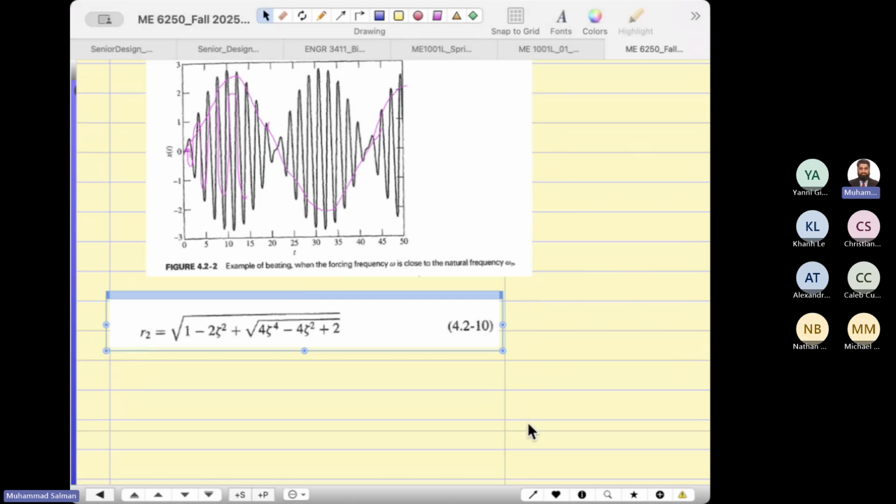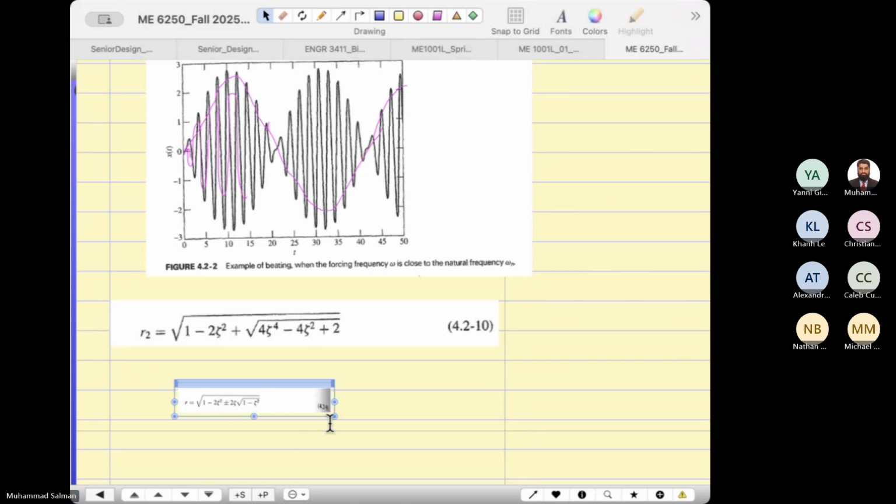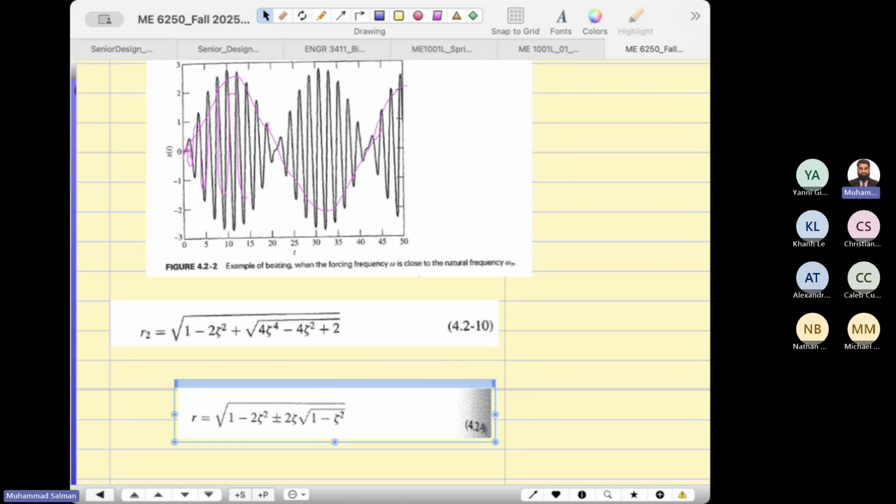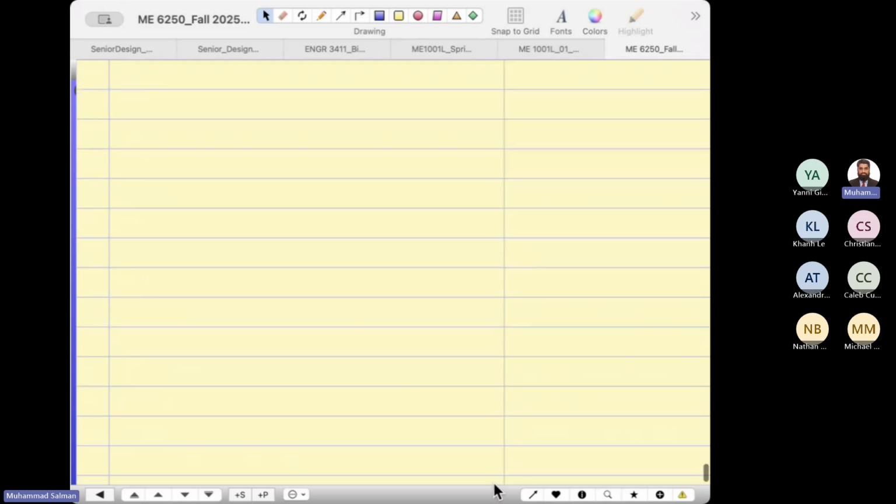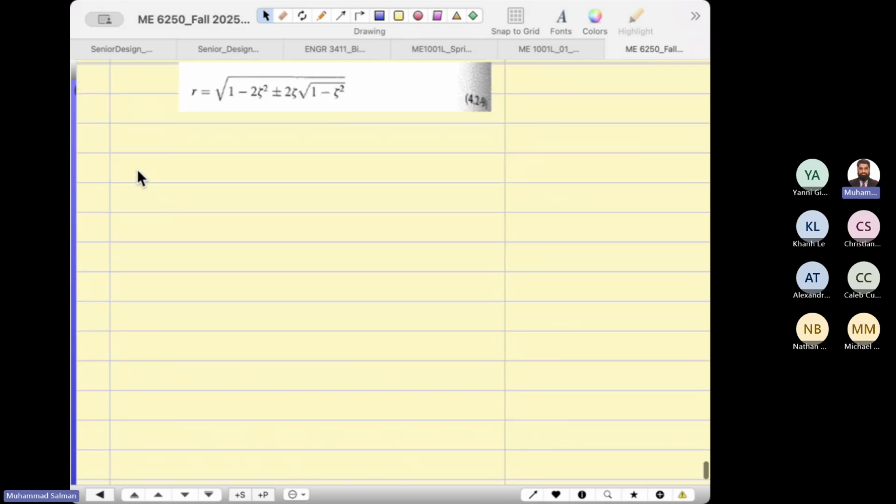Yes, sorry. Therefore, magnitude ratio and some band pass filter and bandwidth examples. I can show you some examples of bandwidth, how you can identify a band pass filter or low pass filter by looking at the graph.